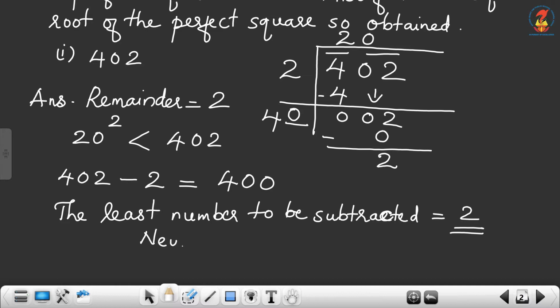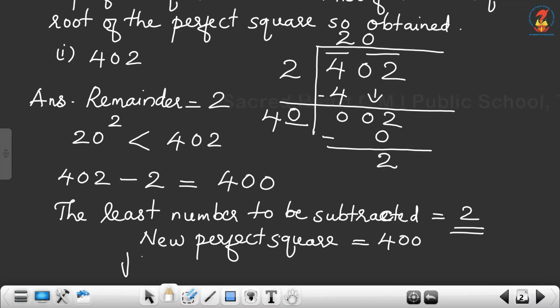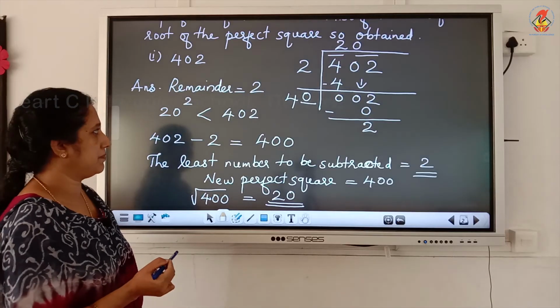Therefore, the new perfect square is equal to 400, and the square root of 400 is equal to 20.